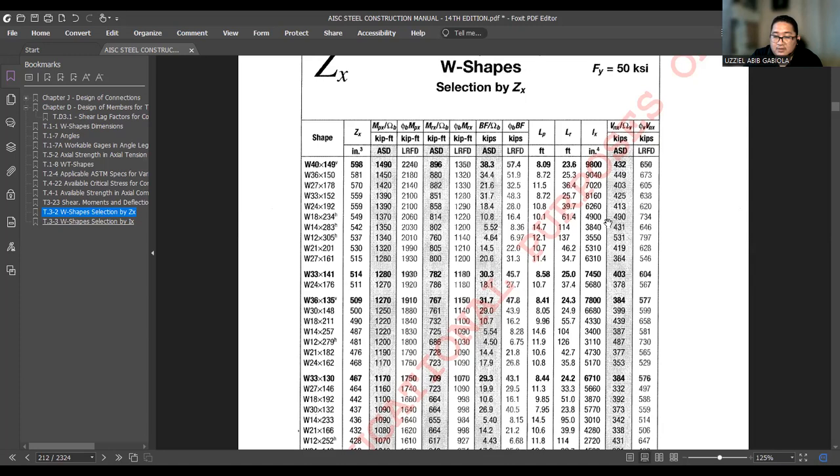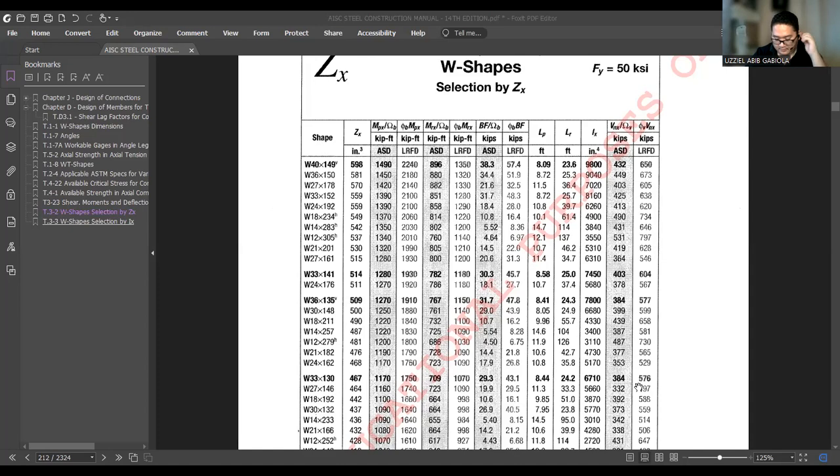And then meron din dito yung para sa shear strength check natin. So hindi ka na kailangan mag-calculate, no? Pero later papakita natin na yung diniscuss natin last session, yung pag-calculate ng shear natin. Okay? So let us proceed with an example so that we can understand more kung paano natin ginagamit yung mga sections na yan.